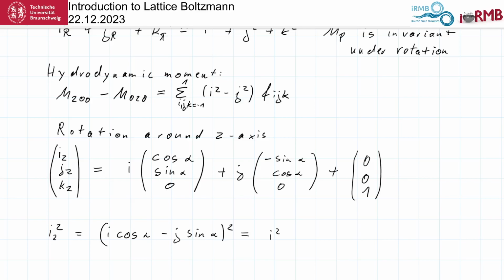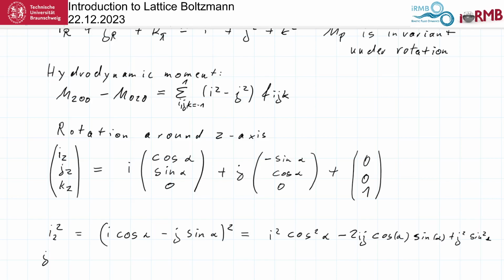This is i squared cosine squared alpha minus 2ij cosine alpha sine alpha, and the second part is plus j squared sine squared alpha.